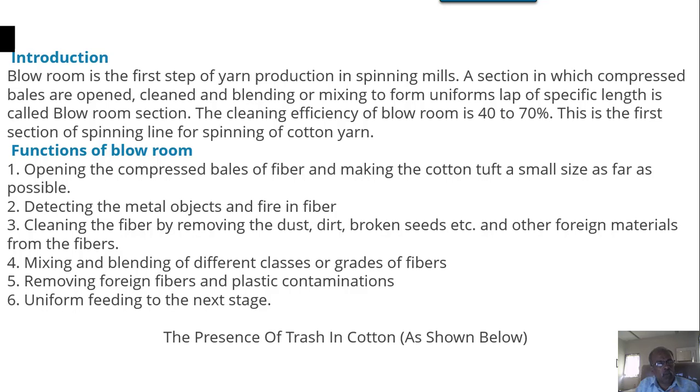But overall, in general, we are evolving some mix. We are deciding the recipe actually in very simple words, and then after letting that mix remain for 24 hours in the mixing room aside the blow room, then the blow room process actually starts.